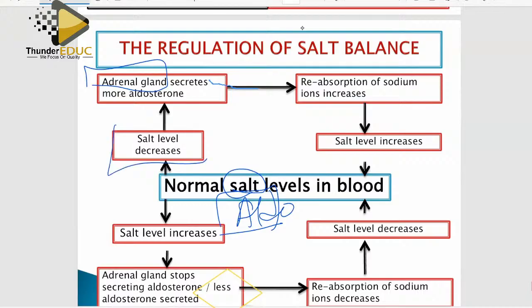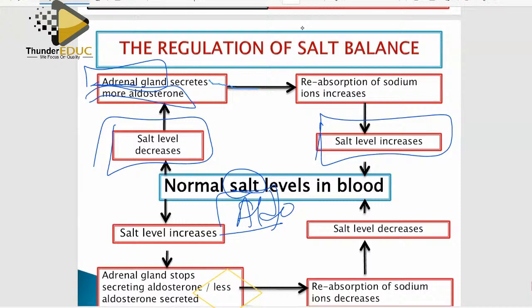So if I have a decreased level of salt, the last point is to increase the level of salt. Now I know that the adrenal gland, what do I want? I want more salt. So I'm going to produce more aldosterone, so that more aldosterone can make the nephron absorb more. Absorb more what? Absorb more salt, and then the level of salt will increase and it goes back to normal.